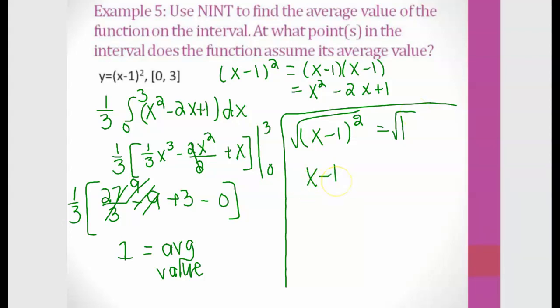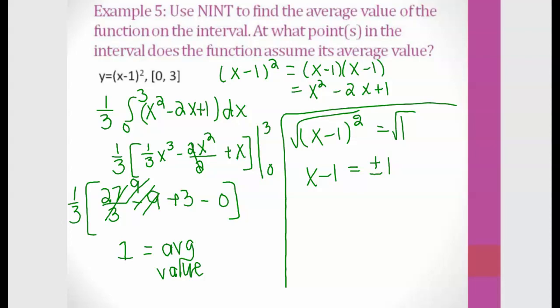So you have x minus 1 equals, here's the trick, it equals plus or minus the square root of 1, or plus or minus 1 in this case. Because when you take the square root, you bring the plus or minus. If the square root's already there, it stays just a normal square root.